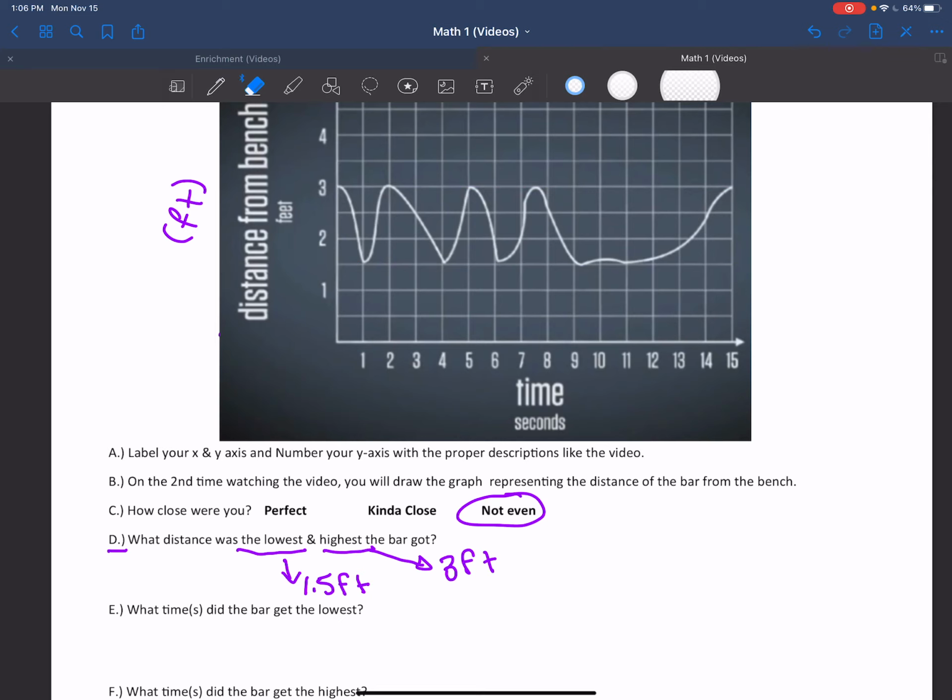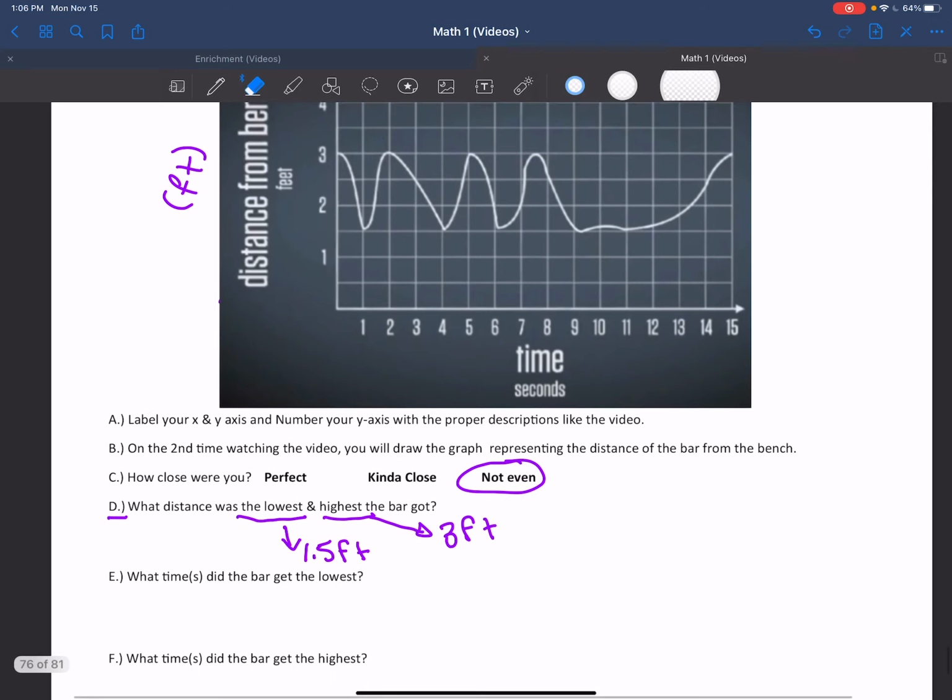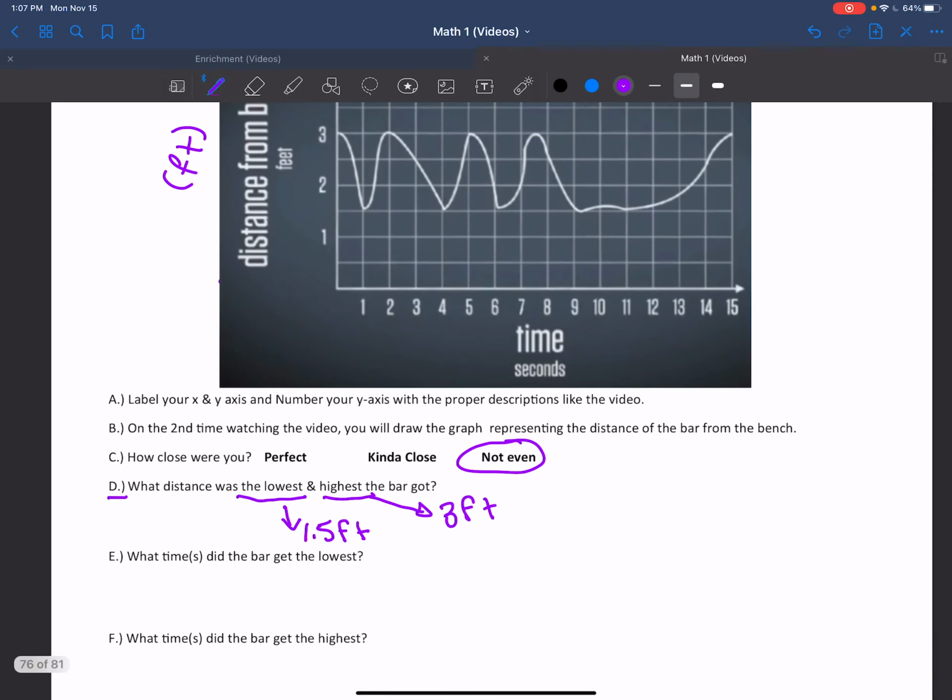The next question asks us, what times did the bar get the lowest? So the times that it was the lowest. Well, here it's low, and that time is 1 second. Here this is low, and that time is 4 seconds. Here's another lowest point, and that time is about 6.1 seconds.